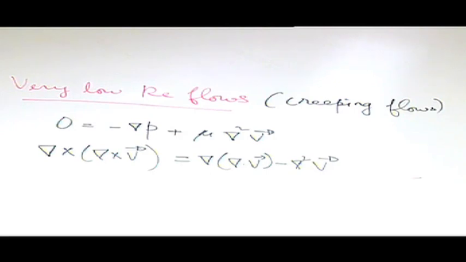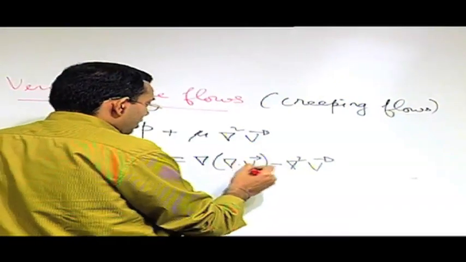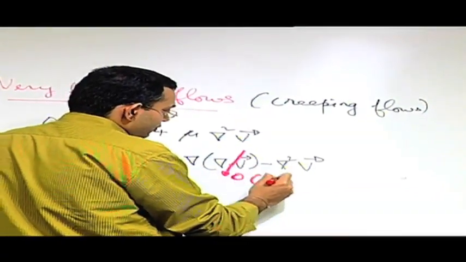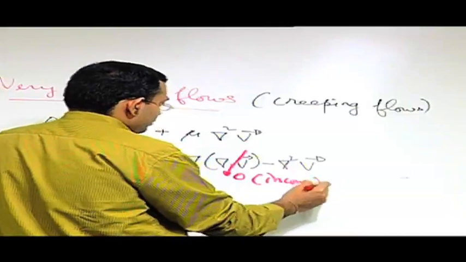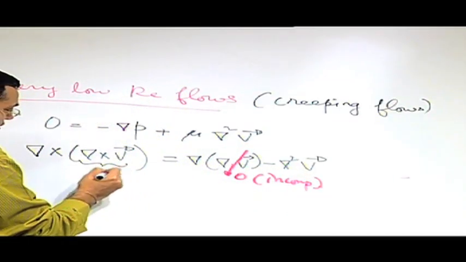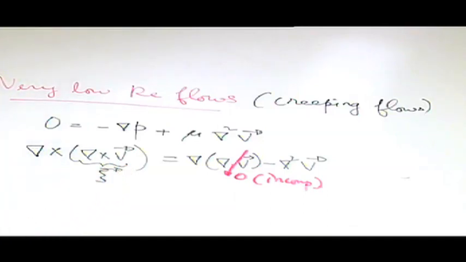If it is an incompressible flow, this will be 0, and the curl of the velocity is the vorticity vector.